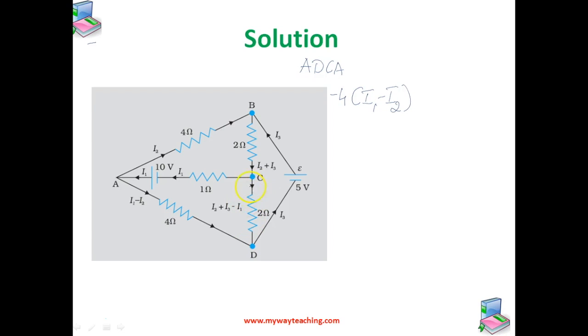Here current is moving in this direction, and we are considering the loop in this upper direction. So it will be plus 2 into I2 plus I3 minus I1, and here minus I1 plus 10 volts is equal to 0.